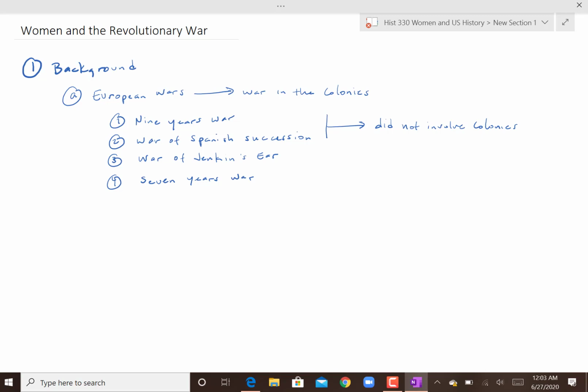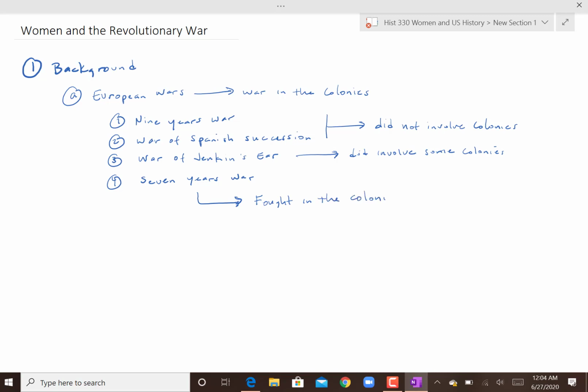Then the War of Jenkins' Ear did involve some colonies, but not in the Americas, so not on the mainland. And then the 7 Years' War was fought in the colonies.